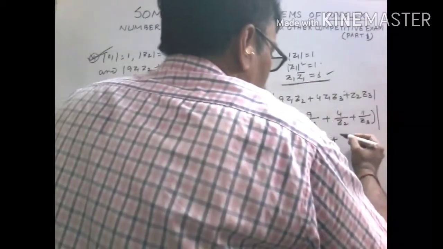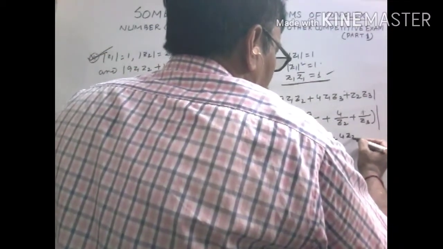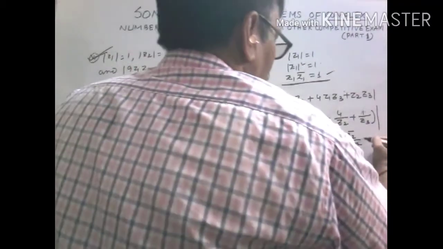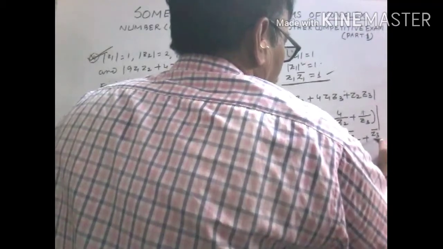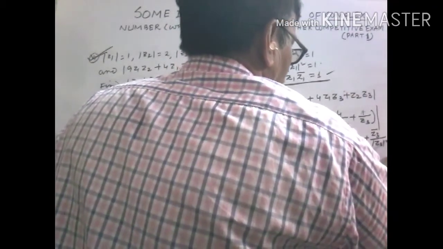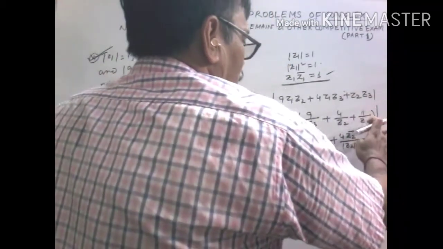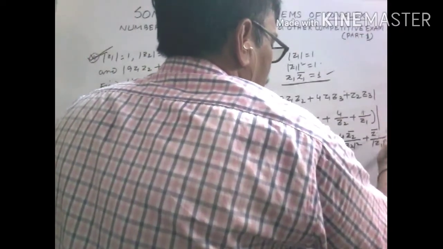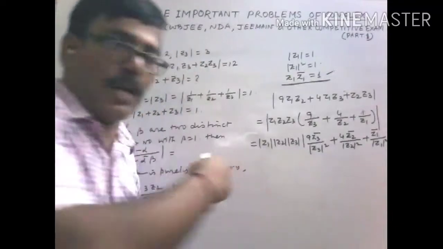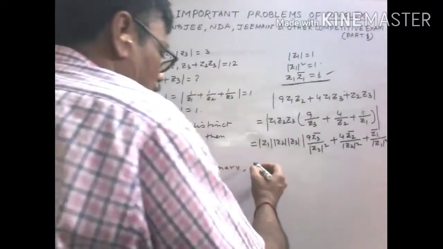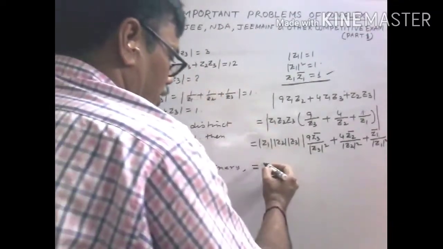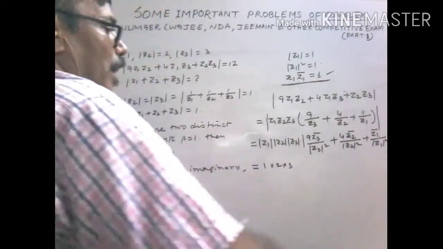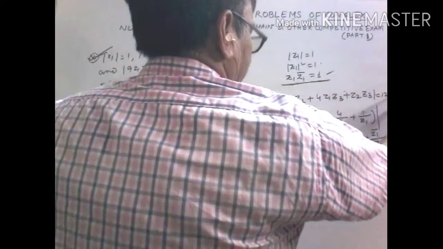Using this property, this is 4 z2 bar by mod z2 whole square, and this is z1 bar by mod z1 square. Now look, what is z1? It is given mod z1 is 1, this is 2, this is 3, and this is given to be 12.